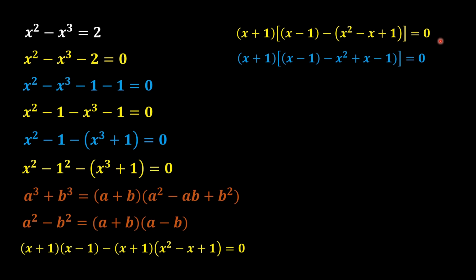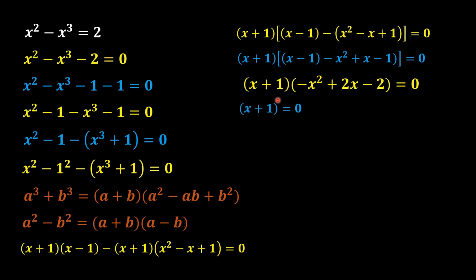Now in the next step we should open this bracket as plus minus x square will be minus x square, minus minus will be equal to plus x, and minus plus will be equal to minus 1. Now in the next step we should sum up this whole expression as minus x square plus 2x minus 2, and x plus 1 will remain the same.